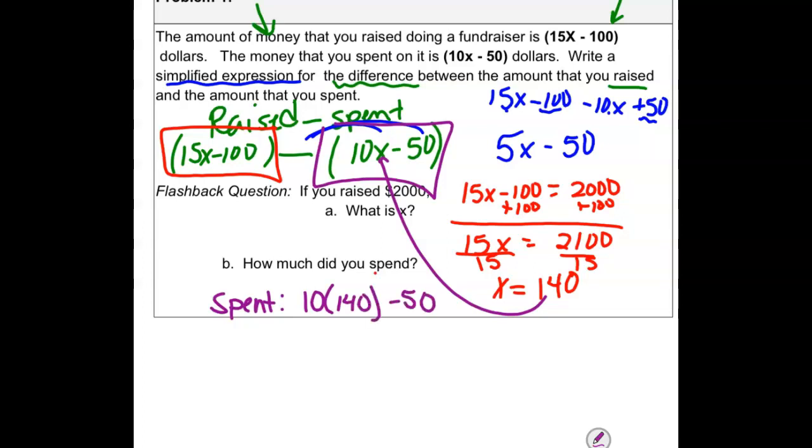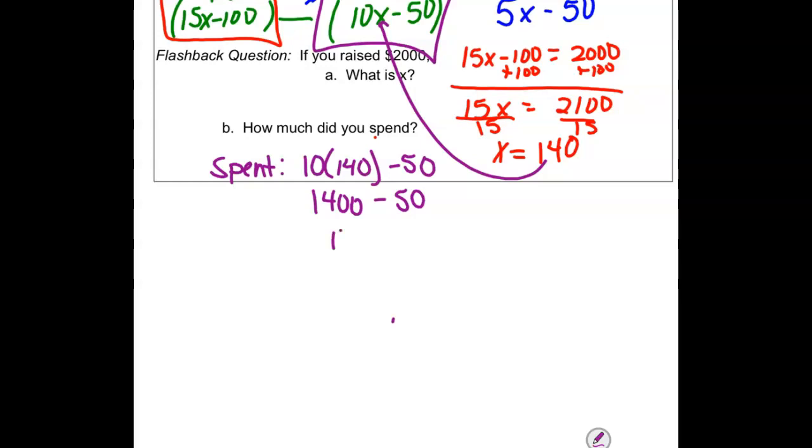What's 10 times 140? 1400, yep. 1400 minus 50 would give us, okay. Questions about that process? All right.